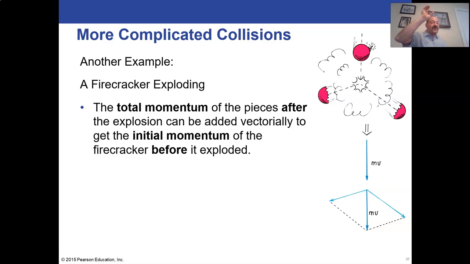If it was standing still, they'll all end up at zero. If it was falling from the sky, it'll end up pointing down, the same as the original object falling down from the sky. It all adds up together because momentum is conserved.